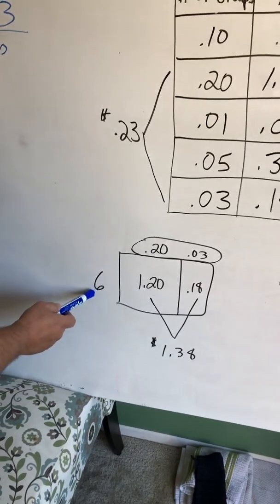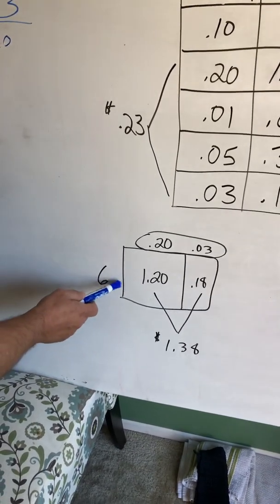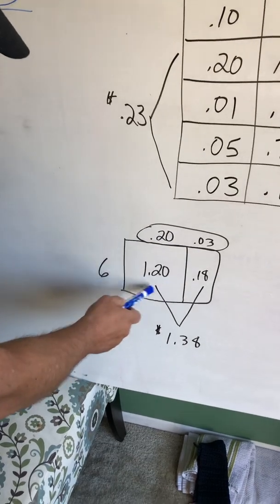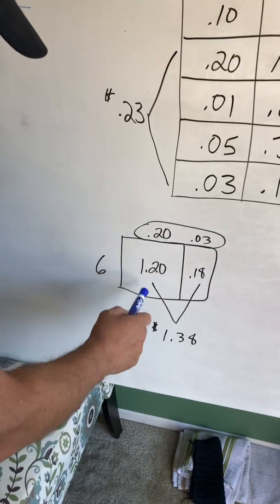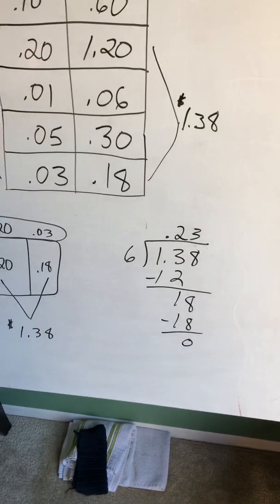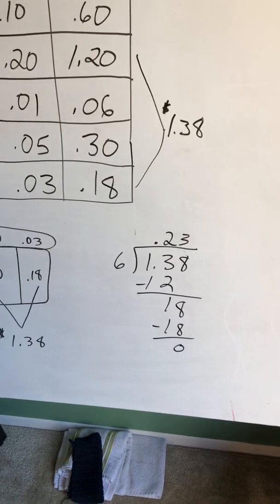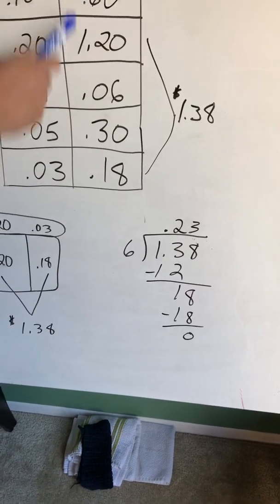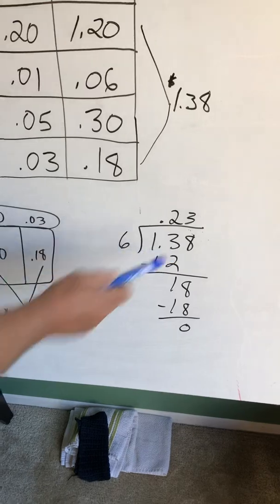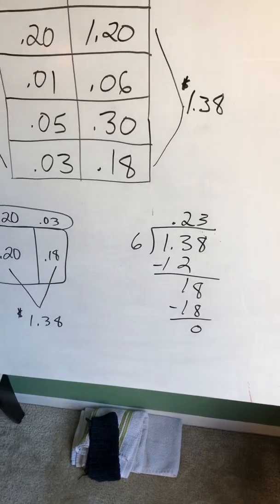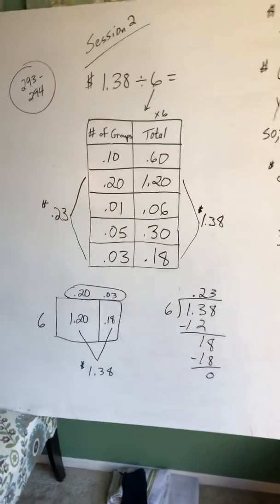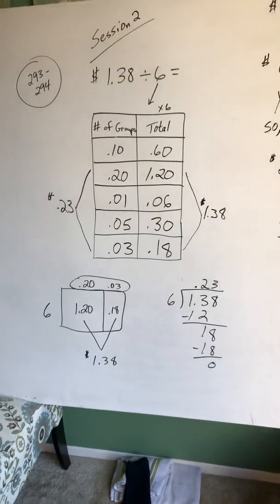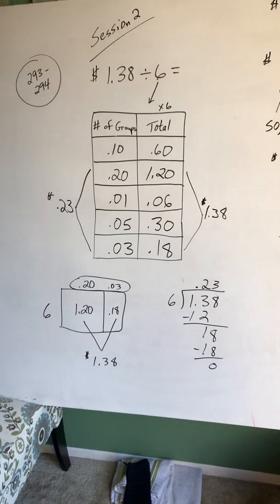Using 6 once again as a divisor, but also as a factor, trying to get to $1.38, okay? Using the area model. And they also want you to do the algorithm. They give you this whole amount of space to do ratio table, area model, algorithm, all finding the same answer, 23 cents.